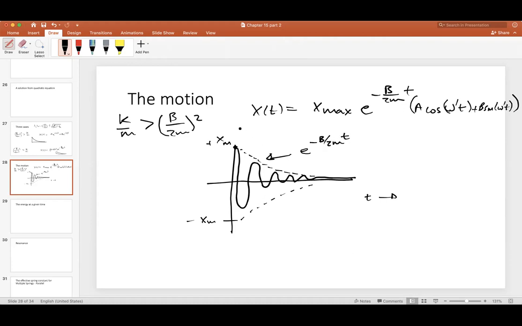The drag force is this exponential decay, and then there's this periodicity of cosine omega prime t, where, as we said before, omega prime is equal to the square root of k over m minus beta over 2m squared. Your book basically says if there's damping, then the new angular frequency is this.